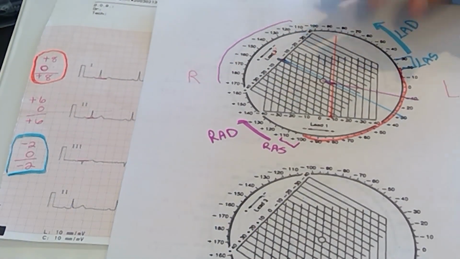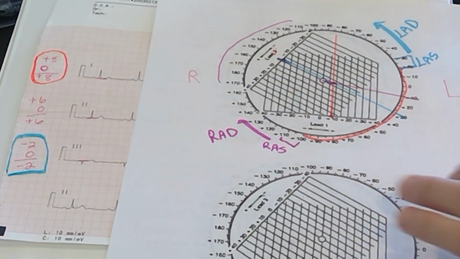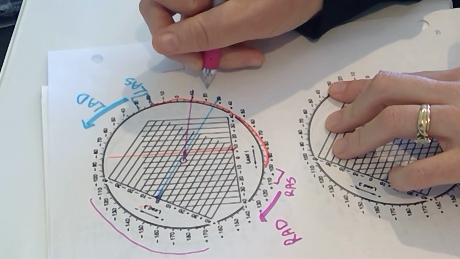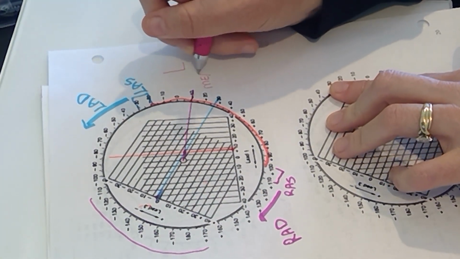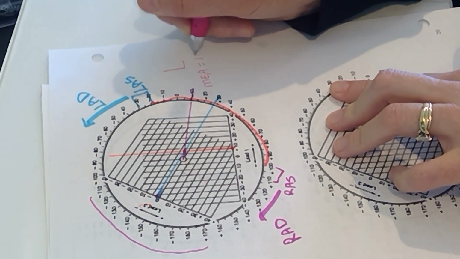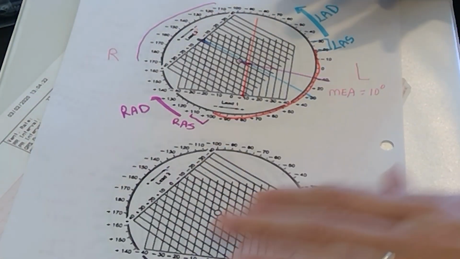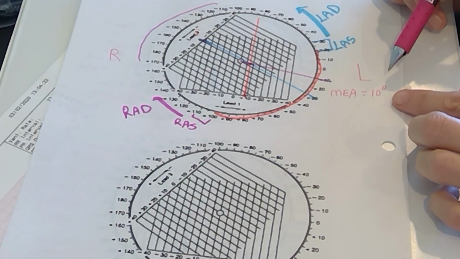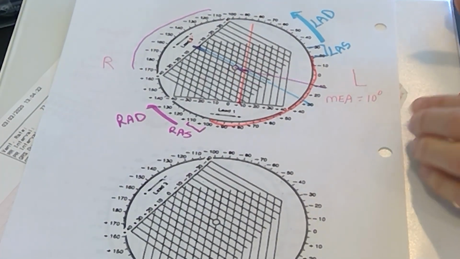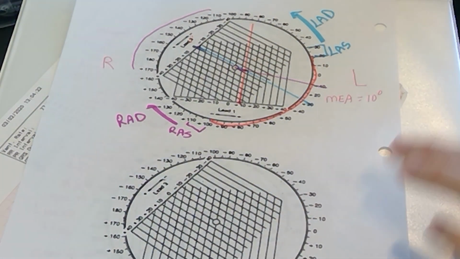So this person has an MEA of 10 degrees. Make sure you remember that the normal values for a mean electrical axis is 10 degrees.